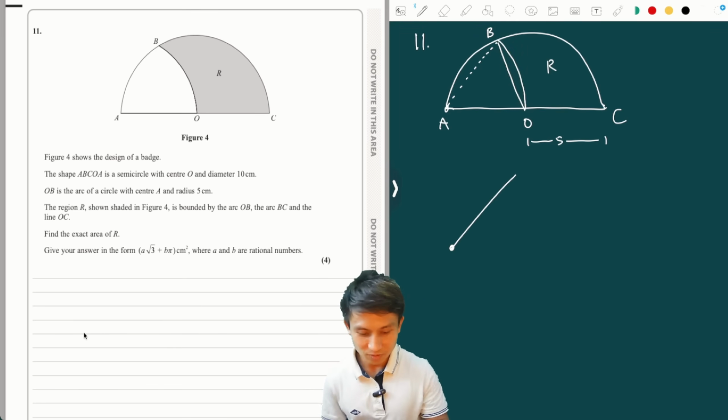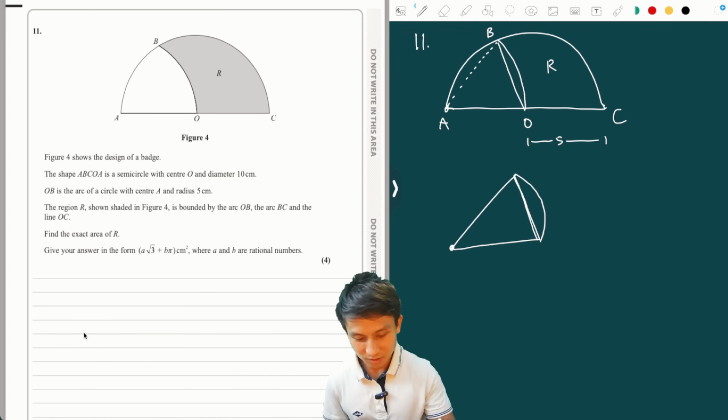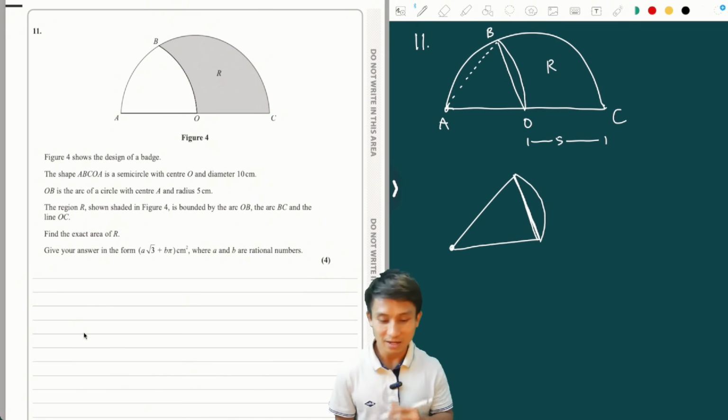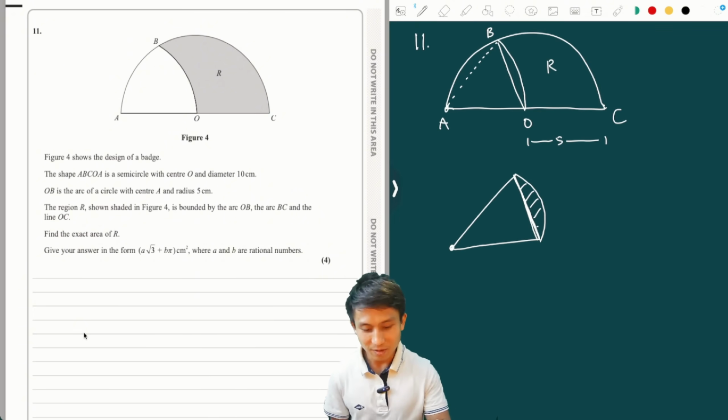If I draw a separate piece of pizza here, we have also a triangle here and a sector there. So the little segment area is found by the area of the sector minus the area of the triangle.